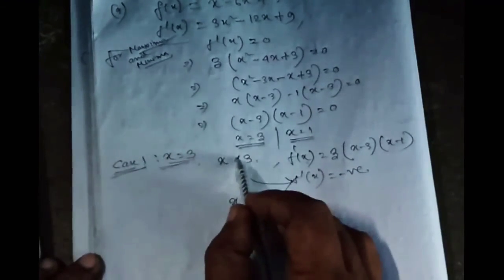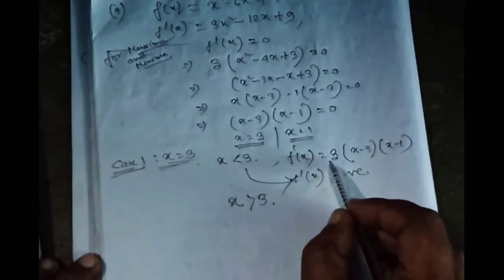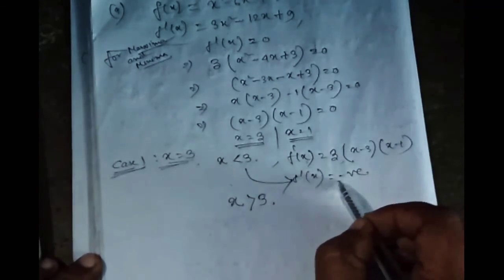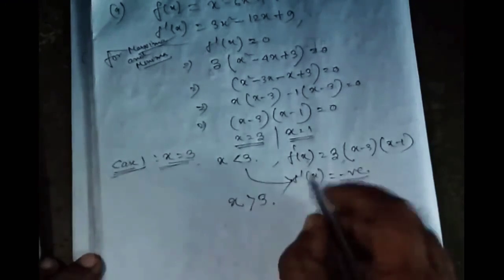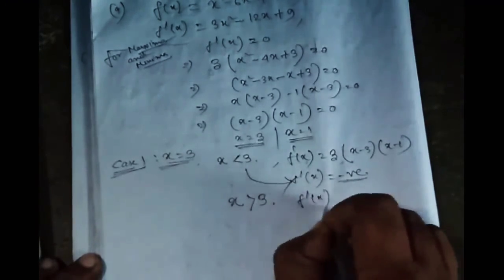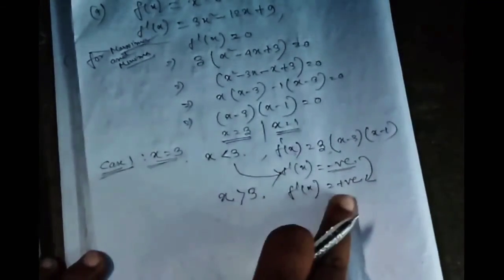Now case arises, case 1, for x equal to 3. If we take x slightly less than 3, f dash x becomes negative. If we take x slightly greater than 3, this f dash x will be positive. So f dash x changes sign from negative to positive.